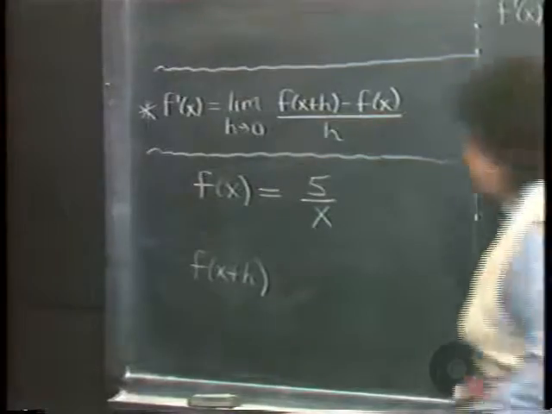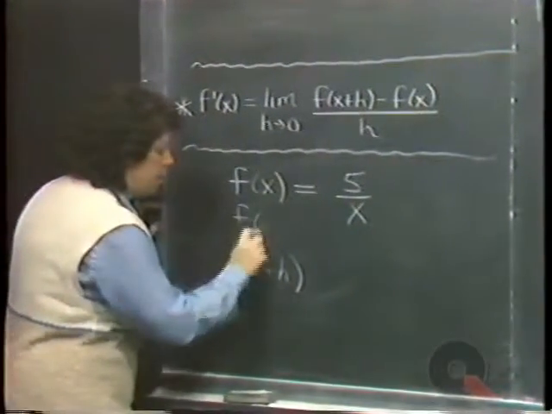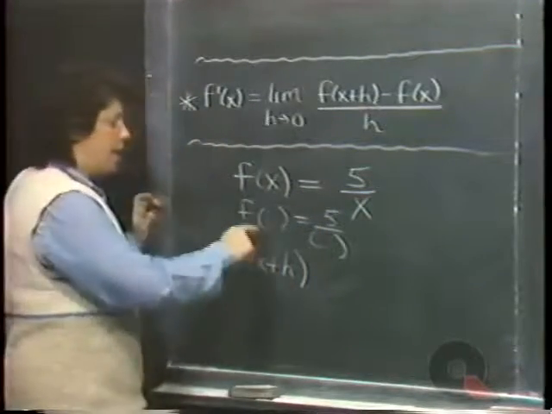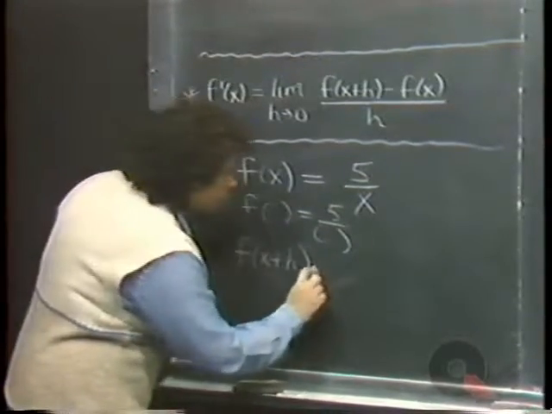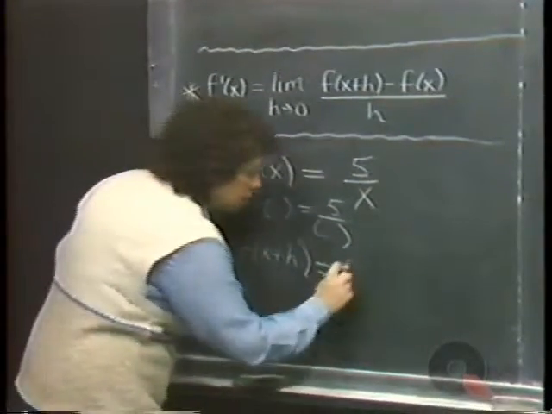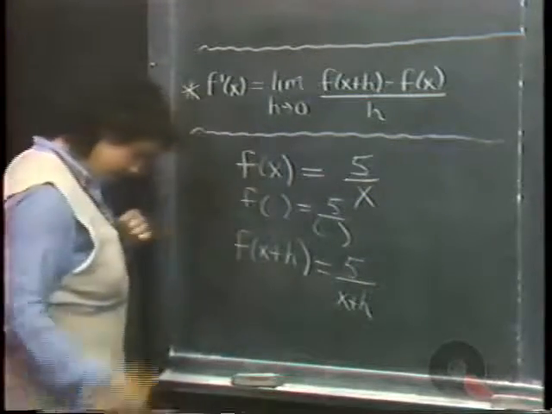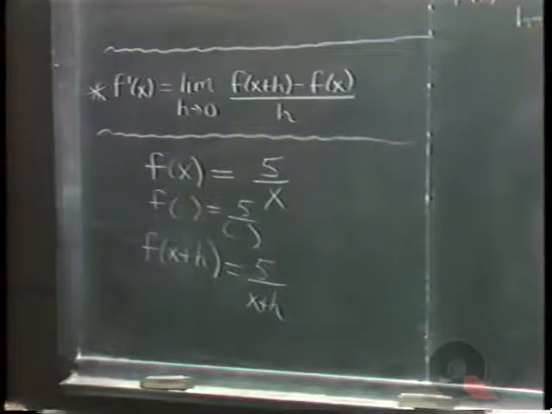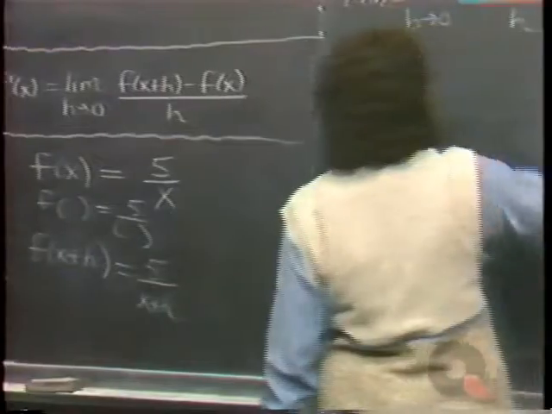Okay, now, if you have thought this through, f of anything should be written as 5 over that something. f of 2 is 5 over 2. f of 3 is 5 over 3. So f of x plus h is 5 over x plus h. Okay? Bearing that in mind, let's calculate the derivative.